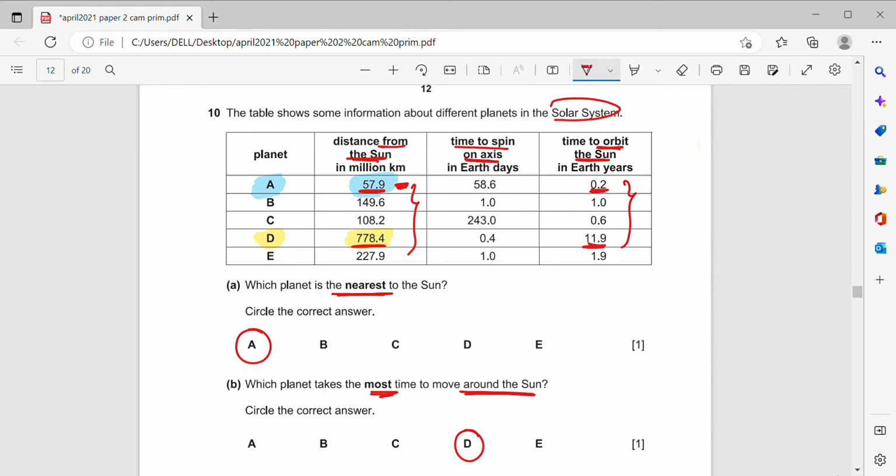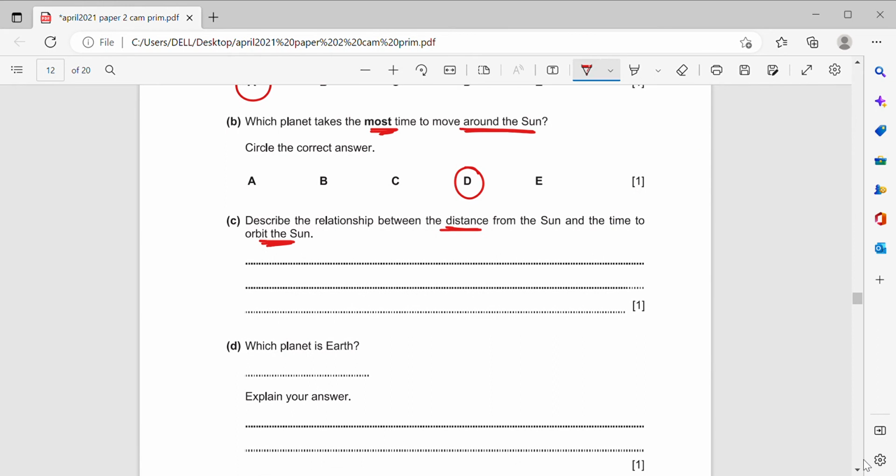So the relationship between distance and time: the closer to the sun, the less time it takes to orbit. So the answer is the closer to the sun, the less time it takes to orbit.